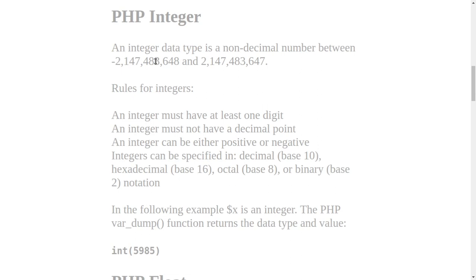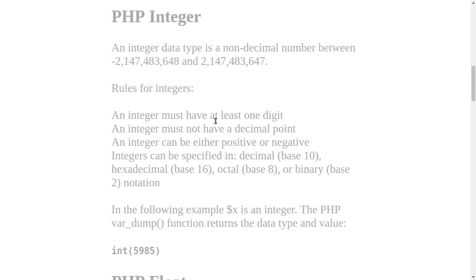PHP integer. An integer data type is a non-decimal number between -2,147,483,648 and 2,147,483,647. Rules for integers: an integer must have at least one digit.